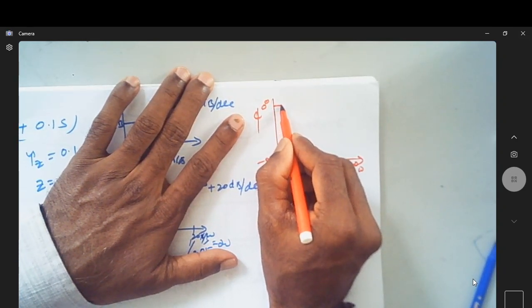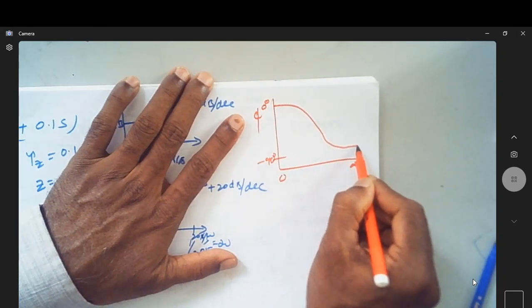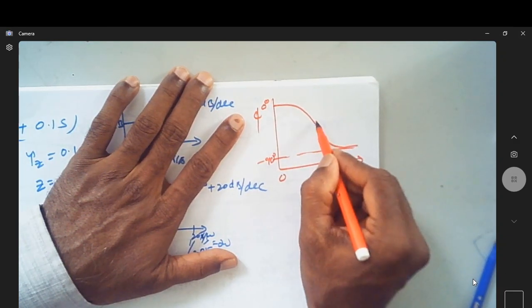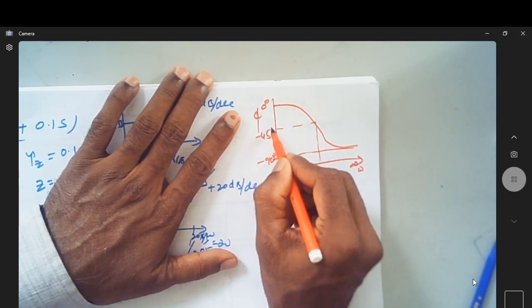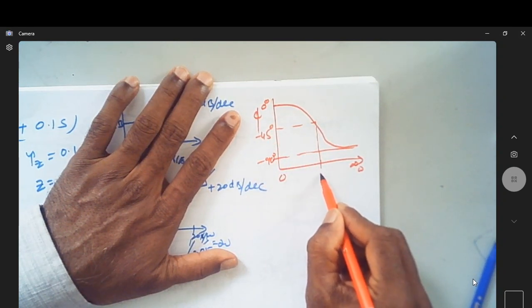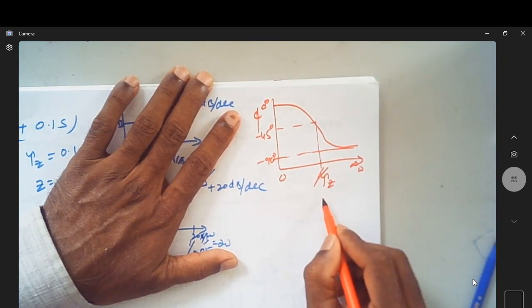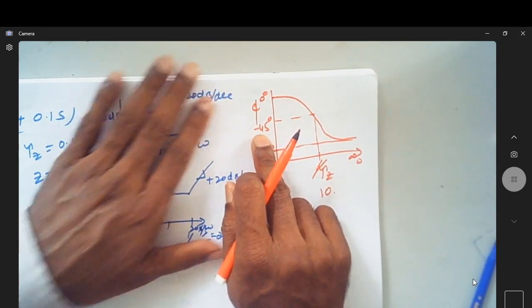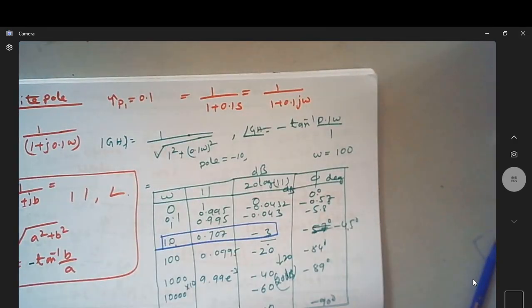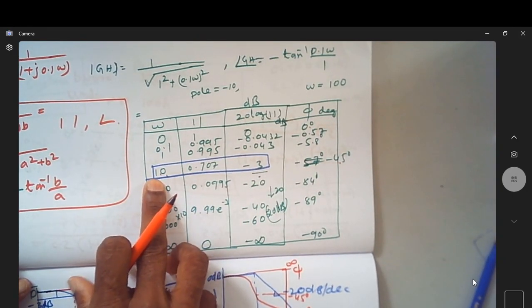Initially the phase is 0 degree, then it reduces, and finally it becomes minus 90. So it is minus 45 degree at the corner frequency. For this case, when omega is 10 radian per second, we had a phase of minus 45 degree.